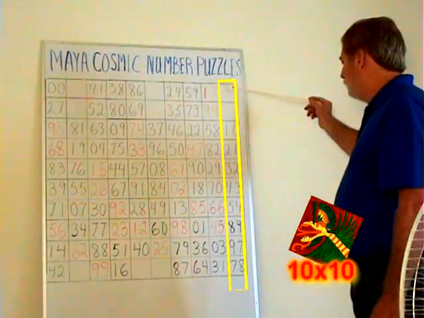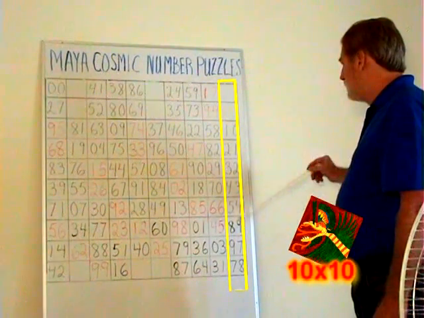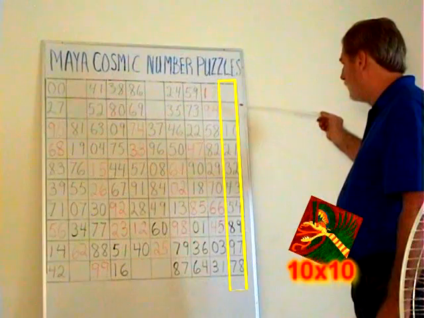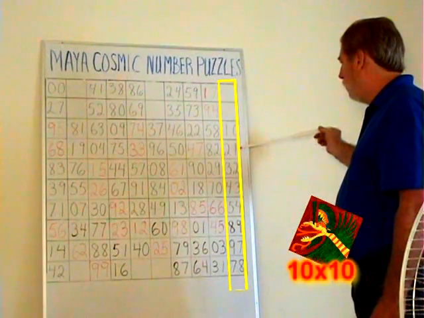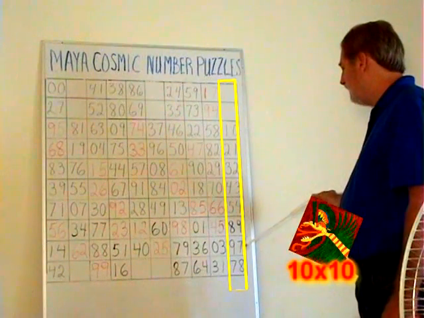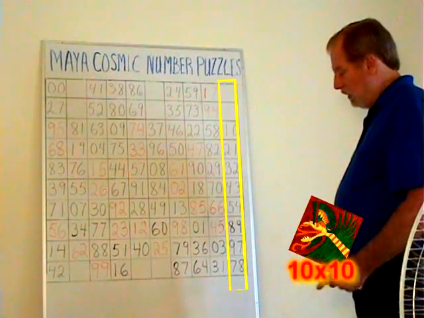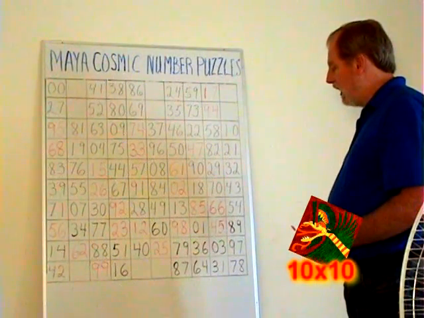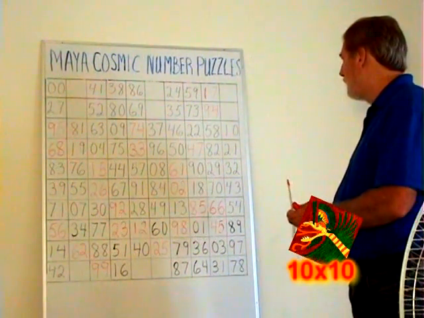We will start and try to solve this column next, because it only has 2 blanks. We have a 0, a 1, 2, 3, 4, 9, 7, and an 8. That means that we are missing a 5 and a 6.